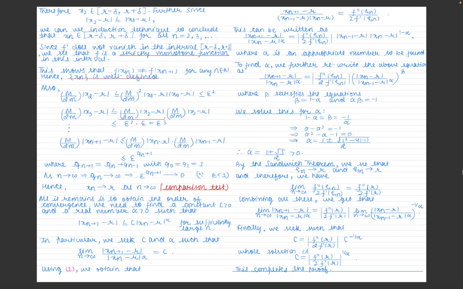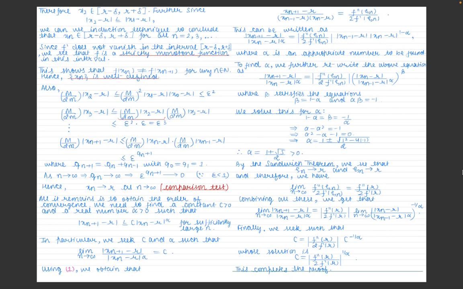Now see, as n goes to infinity, this Fibonacci sequence Qn goes to infinity, right? And as Qn goes to infinity, this implies epsilon to the Qn plus 1 goes to 0, right? Because epsilon is strictly less than 1.